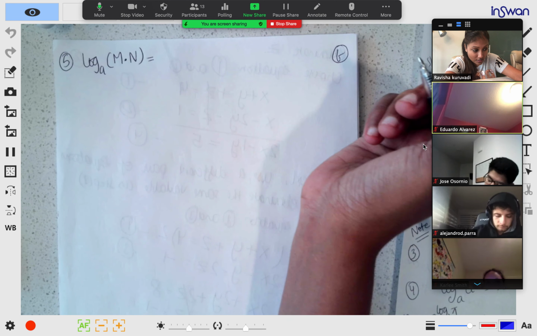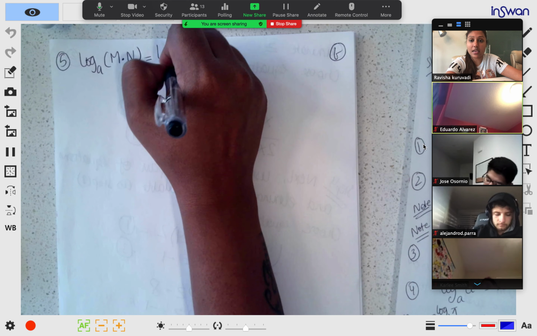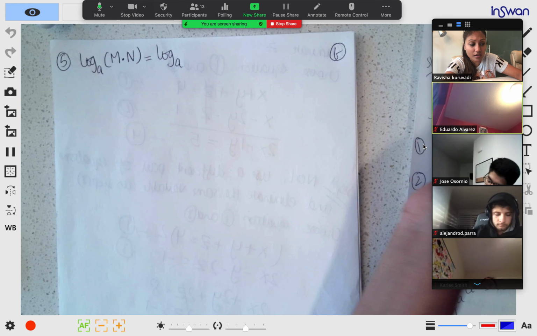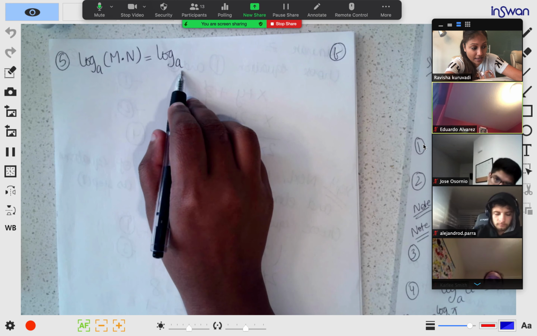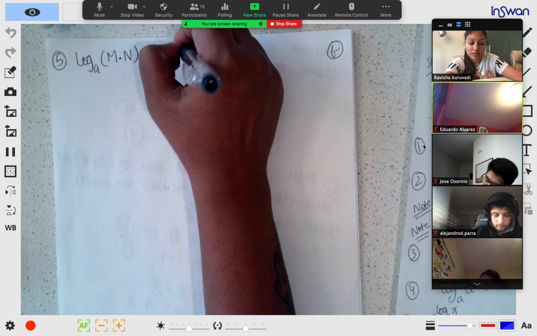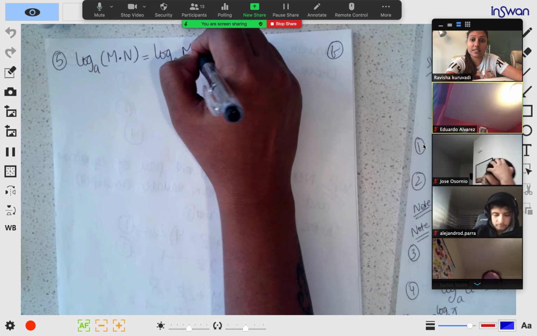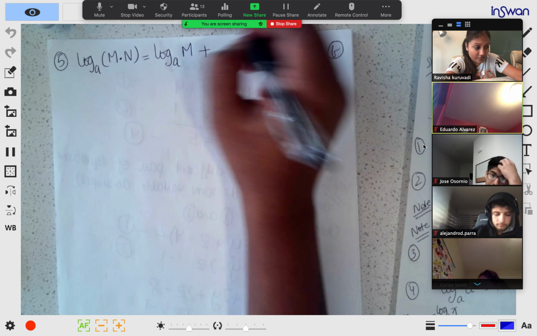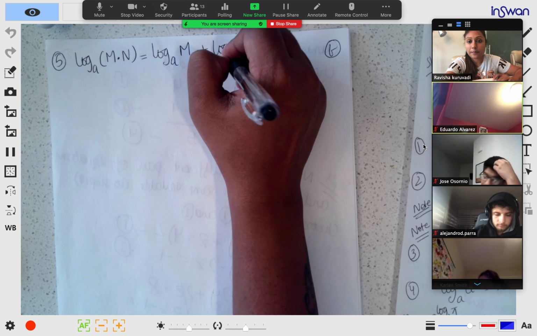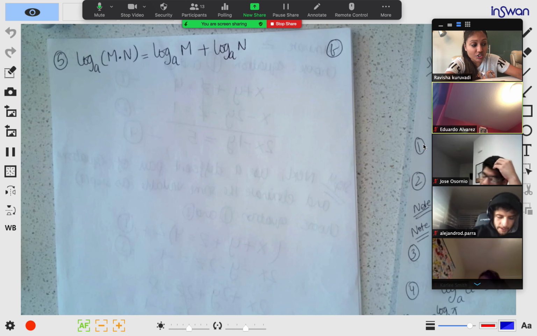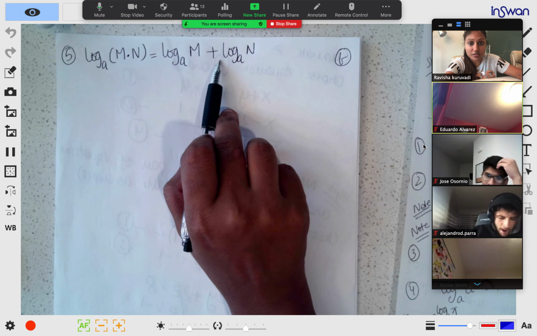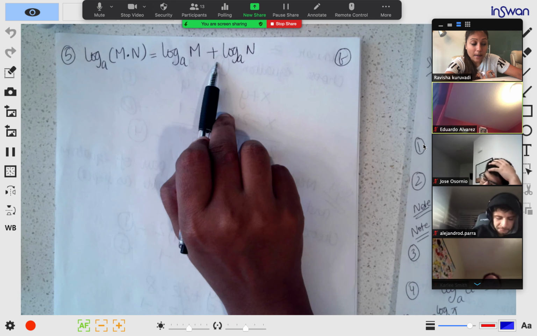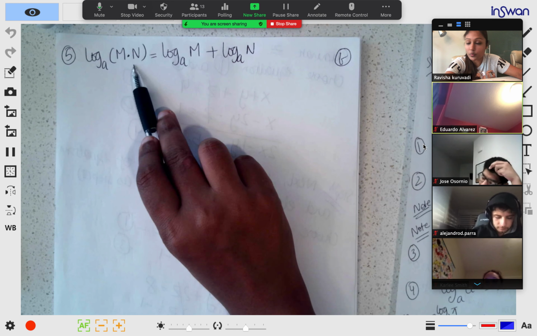It becomes log with the same base a of m, plus log with the same base of n. If my base was a, here also my base will remain the same. So multiplication changes into addition with the same base.